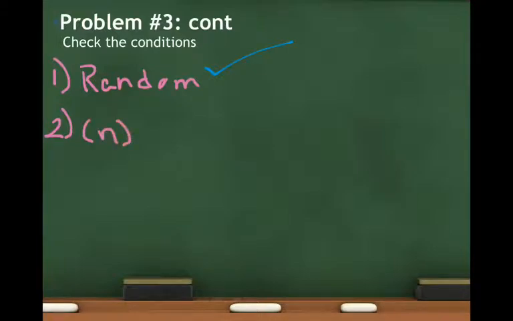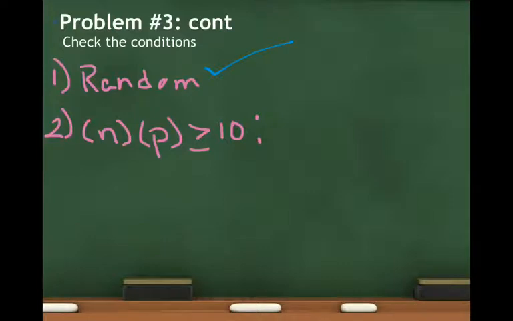Our next step is we want to check our conditions. First, did they take a random sample? If you want to, go back and see whether this was a random sample. Yes, it was, and so that checks out. Our second step is we want to check the independence, and so we're going to take our sample size n times the population proportion, and that needs to be greater than or equal to 10.